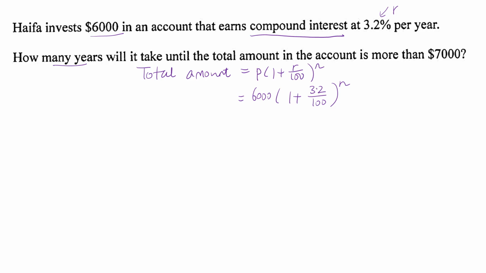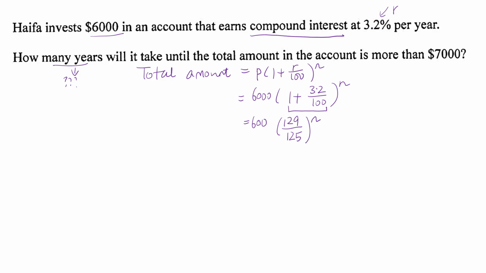N represents the number of years that we need to calculate, which we do not know. We can use the calculator to evaluate the value, and that gives us 129 over 125 to the power of n.